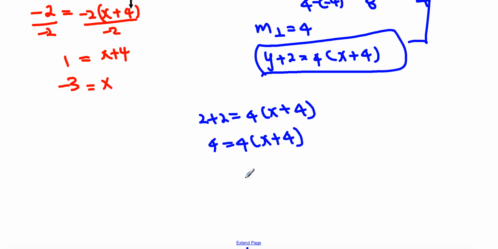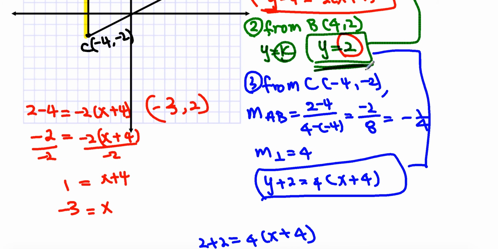Divide by 4, we end up getting x plus 4 is equal to 1. Then x must be equal to negative 3. So as you can see, once again, negative 3 is the x value, and the y value was equal to 2. And that becomes our answer.